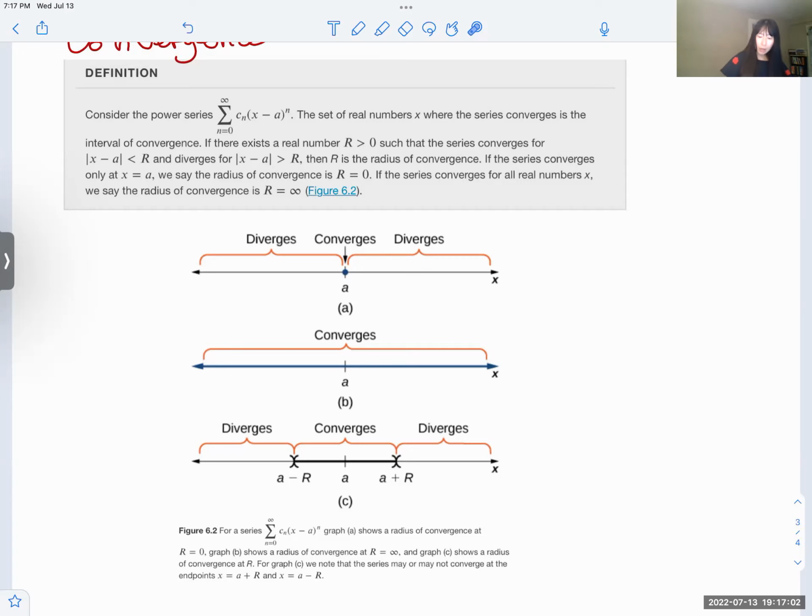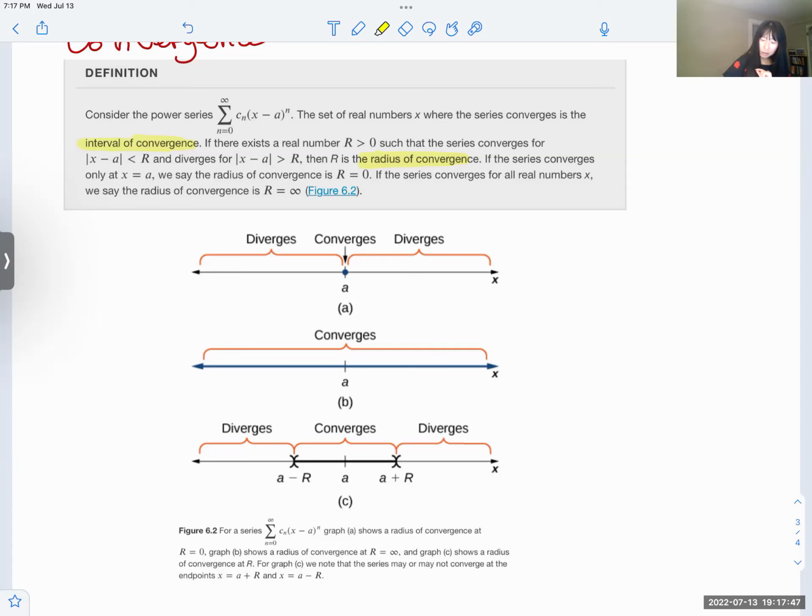Then they say the series converges when the absolute value of x minus a is less than the radius, and diverges when the absolute value of x minus a is greater than R. Then R is the radius of convergence. If there is only one point, x equal to a, then the radius of convergence is R equal to 0.